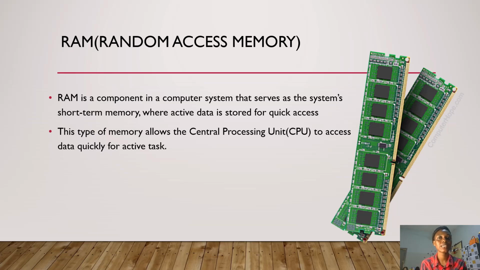The second point is that this type of memory allows the CPU to access data quickly for active tasks. The image shown on my right side, on my interface, is an example of a RAM.